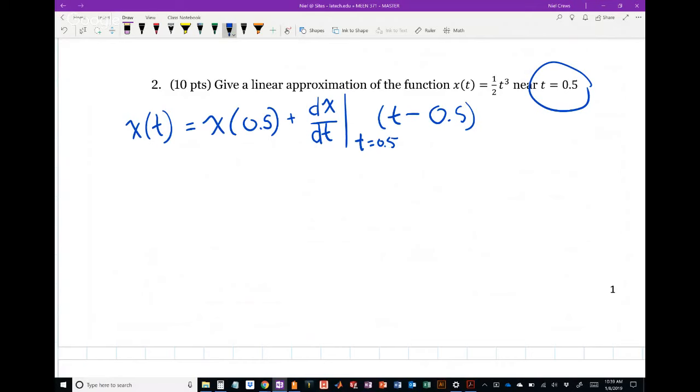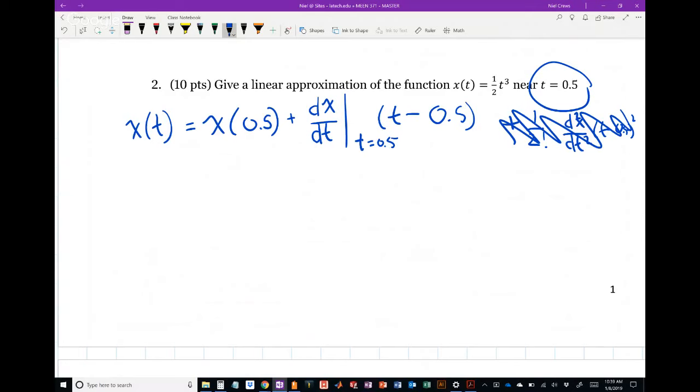Now, if I were doing the full or multiple terms, then this would be 1 over 2 factorial, d squared x dt squared, (t minus 0.5) squared, etc., etc. But we're not, right? This is only linear. So this is what we're going to be working with, right?